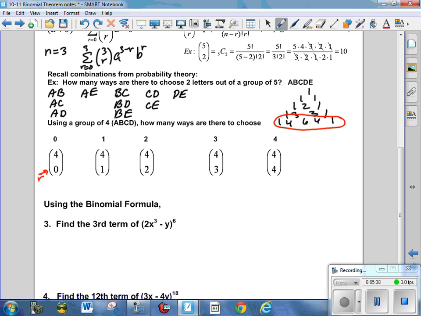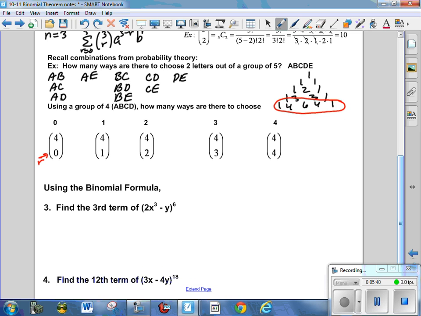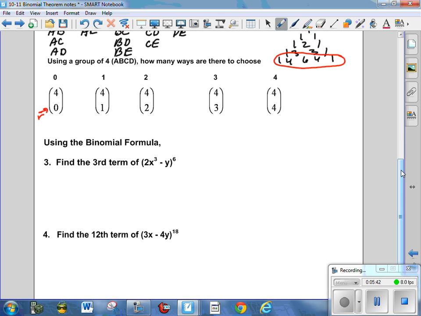So let's just think about, if I had 4 letters, how many different ways could I select 0 letters out of 4? There's only one way to select 0 letters out of 4, because you don't select any letters. Okay? How many ways is there to select 1 letter out of a group of 4? Well, I could do A, B, C, D. So there would be 4 ways.